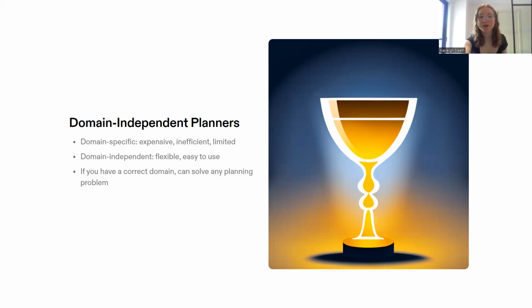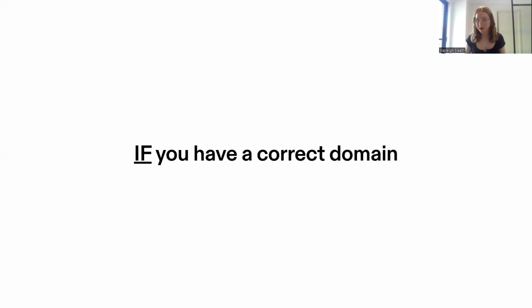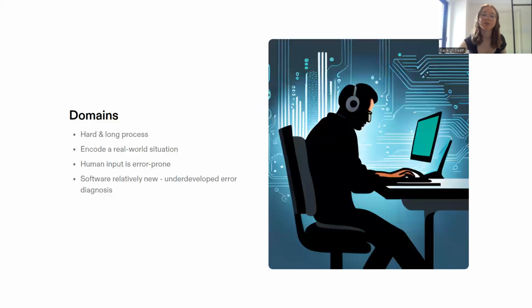However, the key word here is if you have a correct domain, then the domain-independent planner can solve any planning problem. And this is tricky because domain creation is a hard and long process. You have to take all of the relevant facts about a world and include it in a way that the planner can understand. And it's the only phase of the domain-independent planning process which requires user input, which means it is also the most error-prone phase.